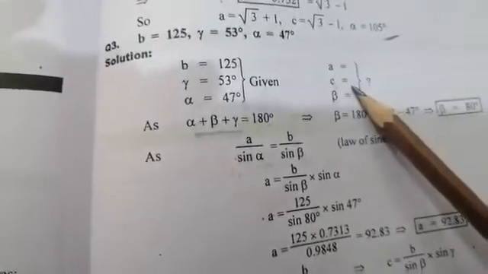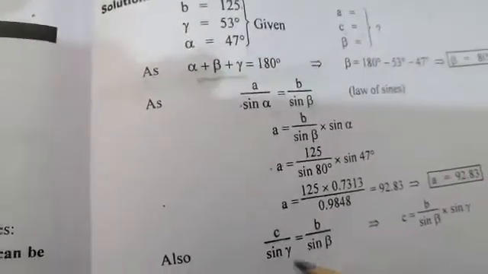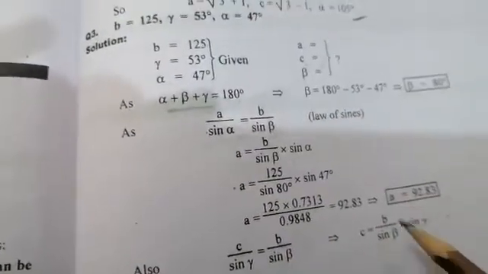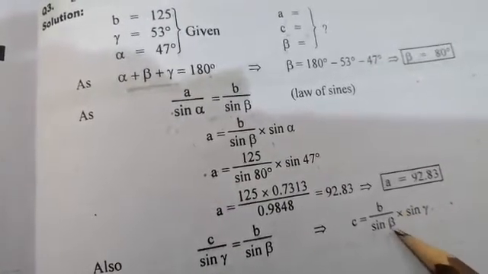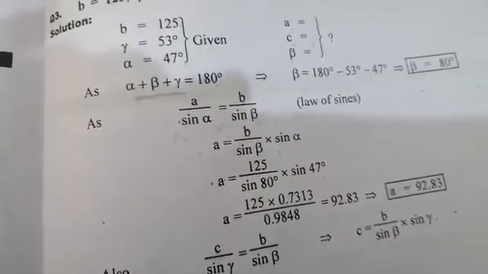Similarly, when we use law of sines, because we have to find side c, we will use c over sine gamma is equal to b over sine beta. We can write this expression also in this form: c is equal to b over sine beta multiplied by sine of gamma.